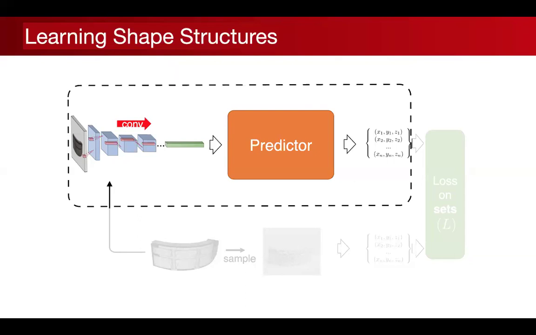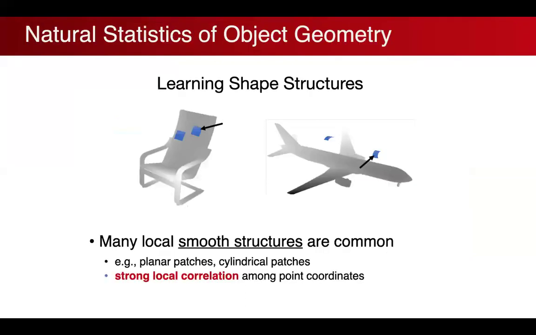For this, we are going to use a convolutional neural network that's going to inform the predictor. And we need to consider what kind of structures we are going to try to understand during the learning process. For that, it's important to consider the natural statistics of optical geometry.